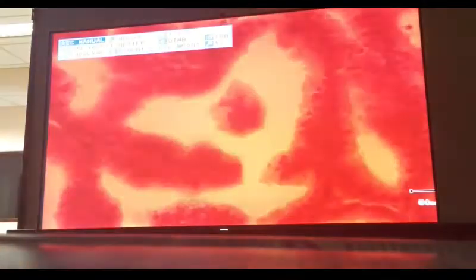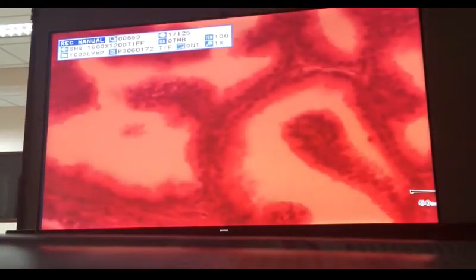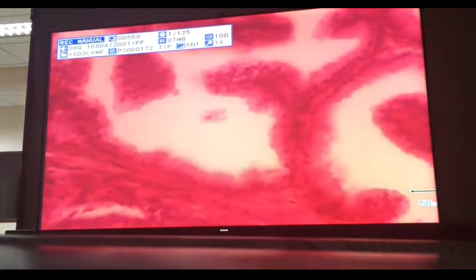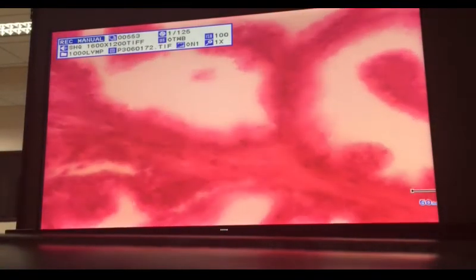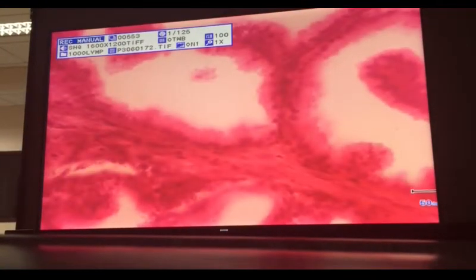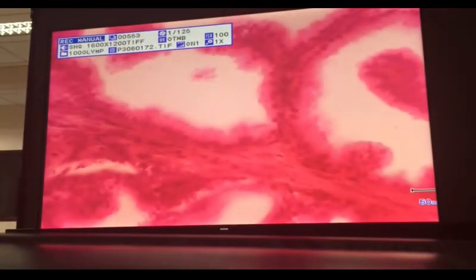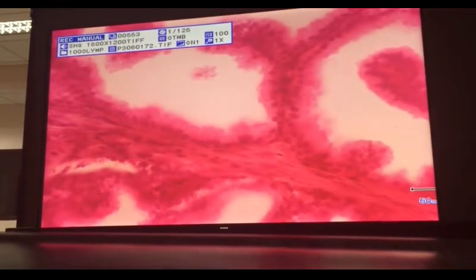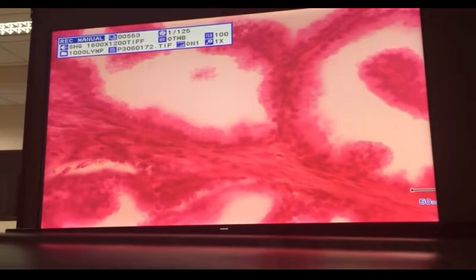Okay, what is the epithelium lining the acini of the prostate gland? Stratified or simple? Simple. What is the shape of the epithelial cells? Columnar, simple columnar epithelium.